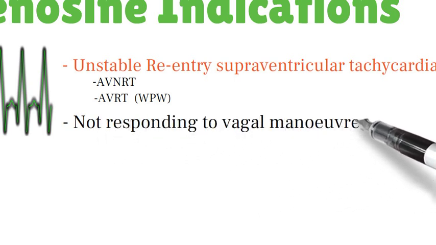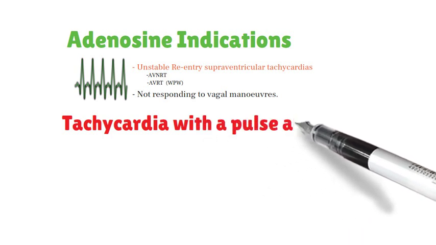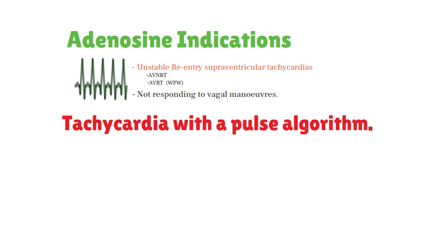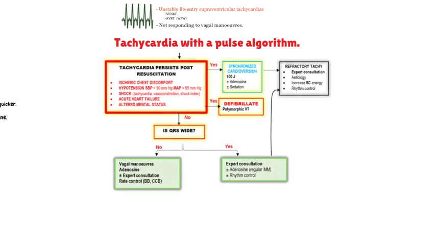Especially those tachyarrhythmias that have not responded to vagal maneuvers. Revisit the tachycardia with a pulse ACLS algorithm for better understanding. This picture shows part of the algorithm of symptomatic tachycardia in a patient with a pulse.